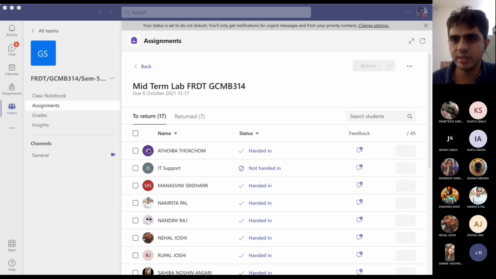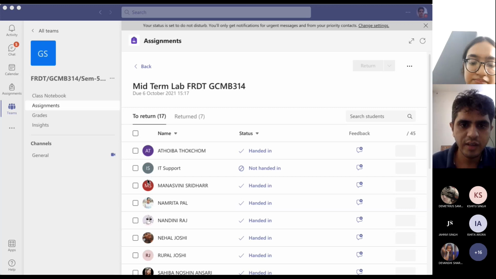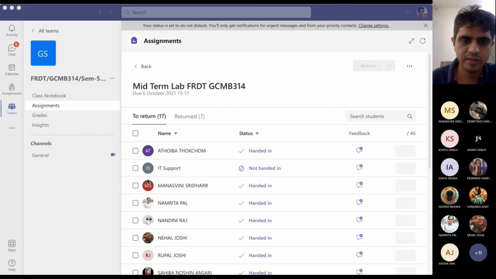Tridev is absent today. Present, sir. Tridev? Okay. Manaswini, present, sir. Adish, Yuvraj, present, sir. Sanjana, present, sir. Nehal, present, sir. Turn on your camera too. Atoiba is absent. Devanshi, Devanshi ran away.